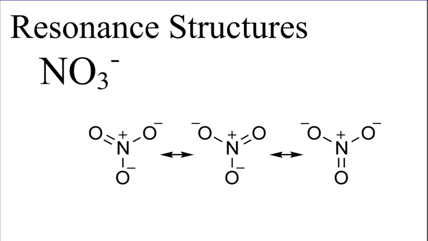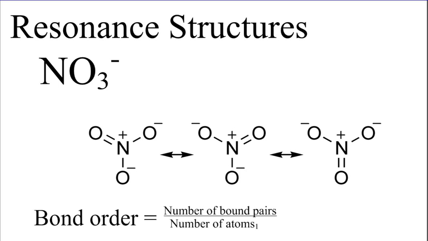So bond length can contribute to the strength of a bond, and how that bond behaves is its bond order. It's simply the number of bonding electrons shared by 2 atoms, well, 2 or more atoms in a molecule. So it's simply the number of bound pairs divided by the number of atoms bound to the central atom.